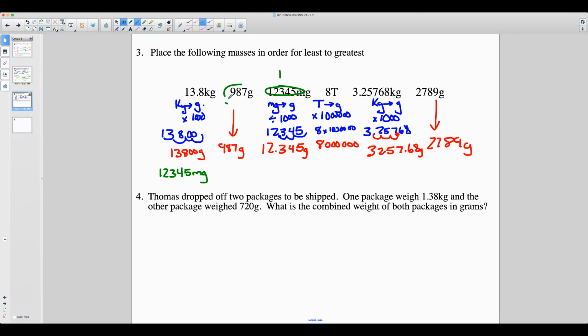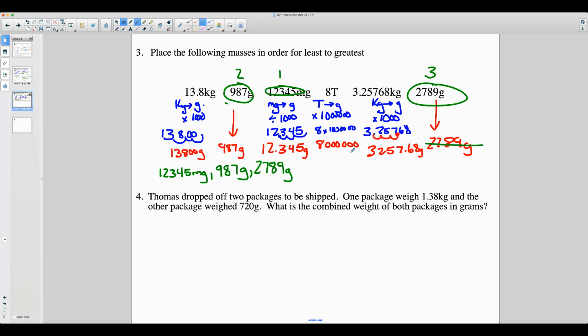This would be number 2, which would be 987 grams. The third largest would be here, which would be 2,789 grams.